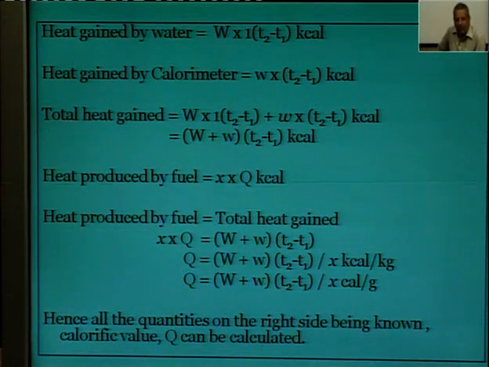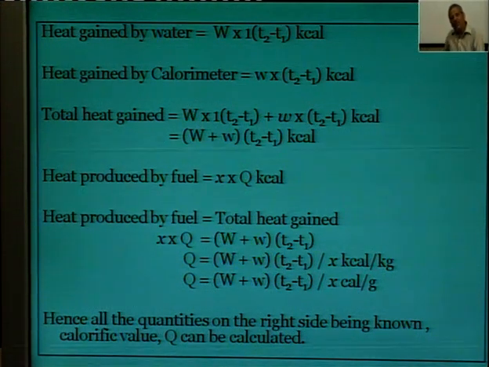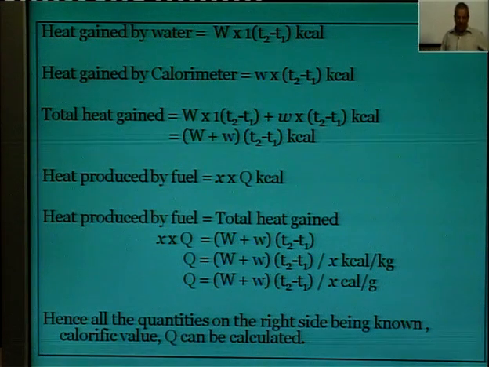So, Q is equal to (W plus w) into (T2 minus T1) divided by x, the known weight of the fuel. In this way we can know the calorific value of the fuel. Hence, all the quantities on the right side being known, calorific value Q can be calculated.